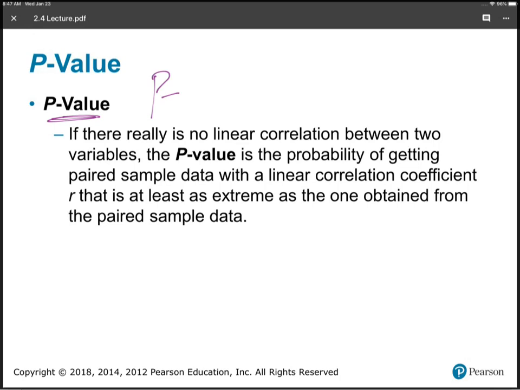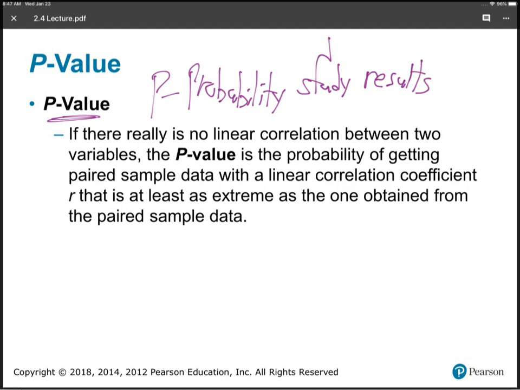P stands for probability. It's the probability that the study results, the data study results, were just luck. Is that more simple? Because that's the problem, huh?